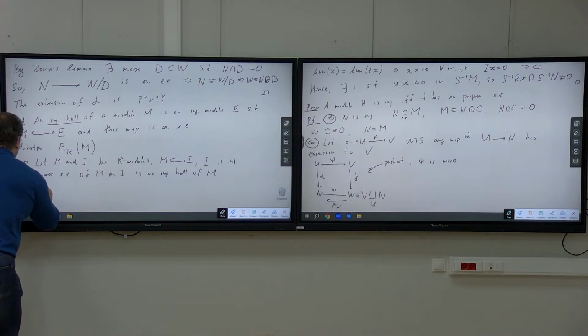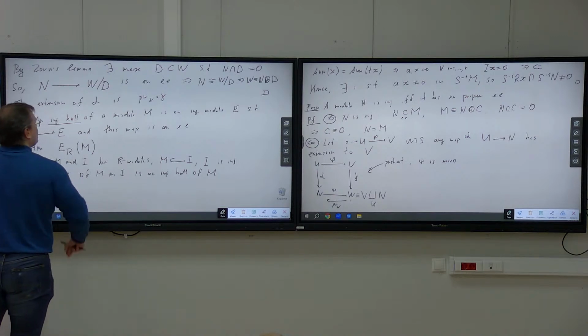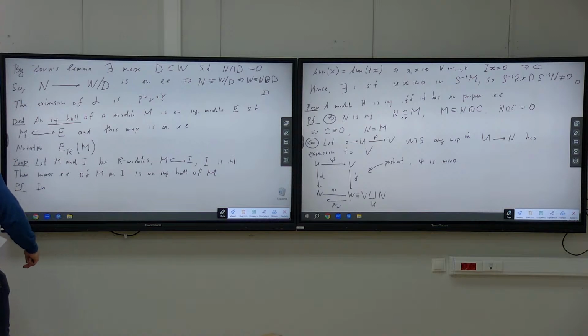Okay, so the proof is again some application of Zorn's lemma. If you do these abstract constructions about injective hulls, there are several applications of Zorn's lemma.